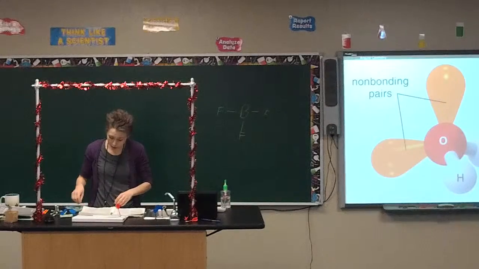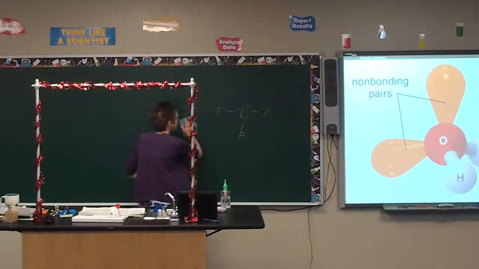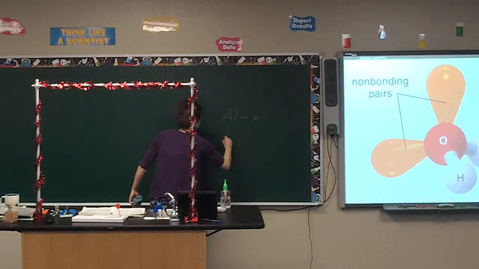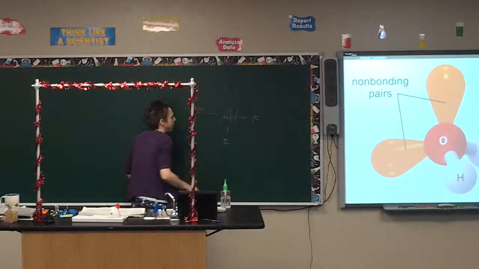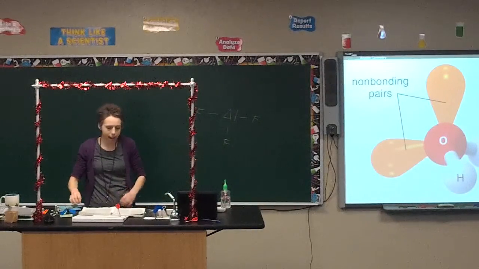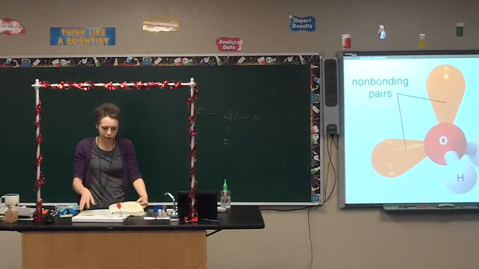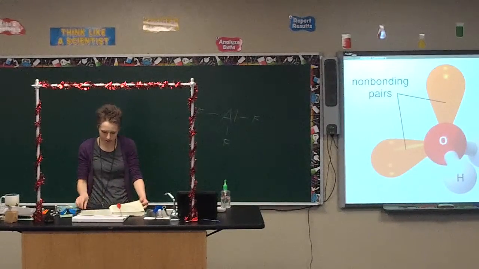I'm telling you right now, this first one does not obey the octet rule because fluorine is forcing it to do this. So it's aluminum, and fluorine is doing this to it. Based on that, there are no unpaired electrons around it. So what shape would that be?